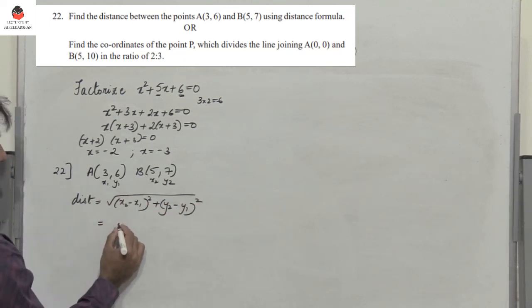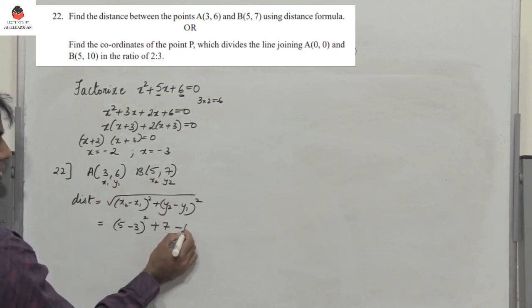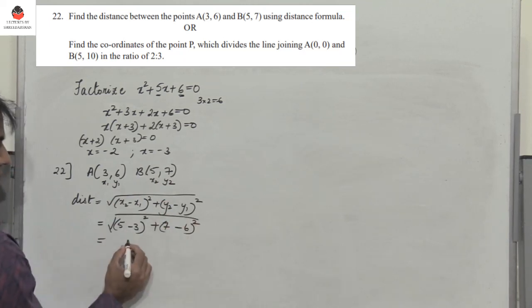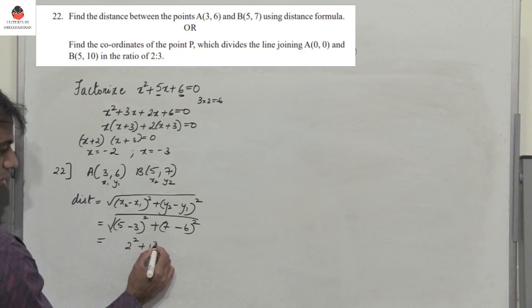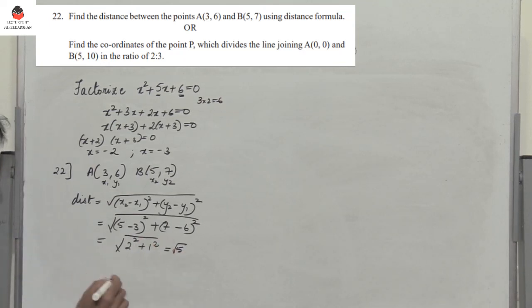So what is x2? It is 5, x1 is 3 the whole square plus y2 is 7 minus y1 is 6 the whole square. So what do I get? This is 2 square plus 1 square. So this is 4 plus 1, root 5 units.